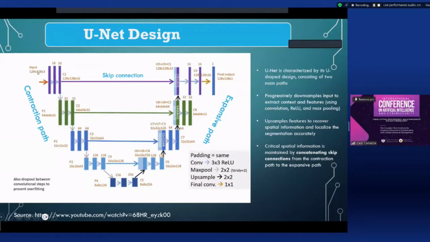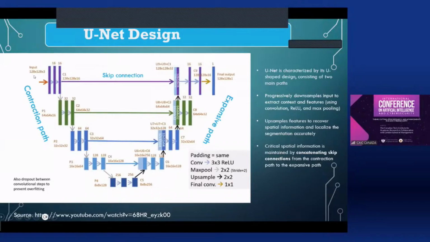In my implementation, I tried various parameters, which I'll discuss in the upcoming slides. So you have the size of the image and the filter numbers, which are the inputs to the neural network.